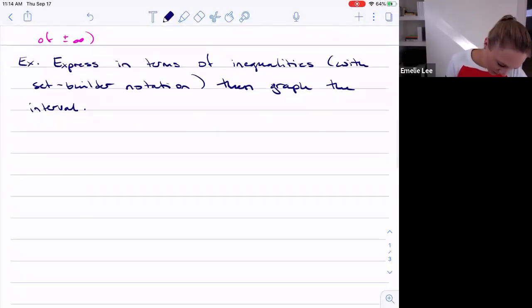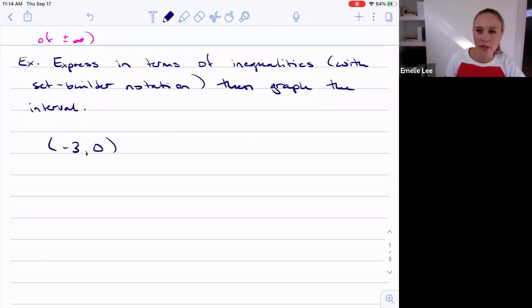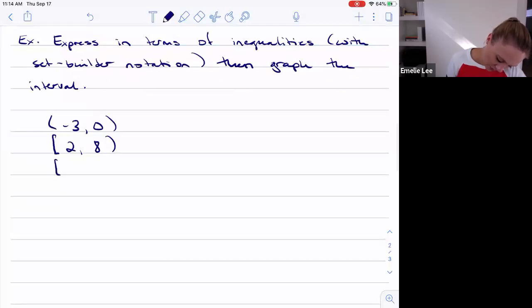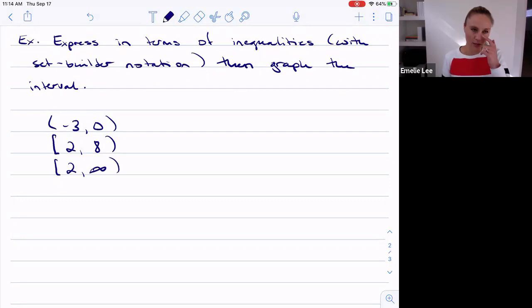So the first one we're going to do is round bracket -3 up to 0 round bracket. Then we're going to do square bracket 2 up to 8 round bracket. And then we're going to do square bracket 2 up to infinity round bracket, just like we talked about.